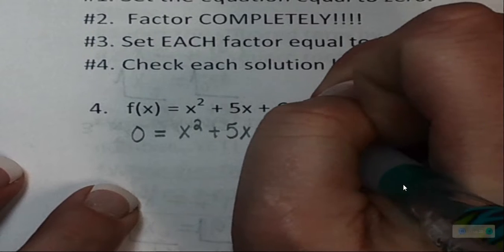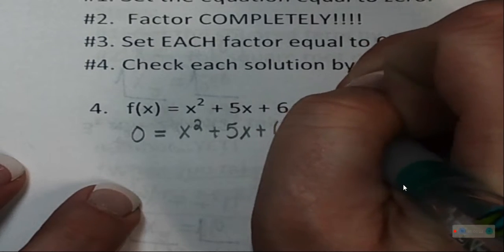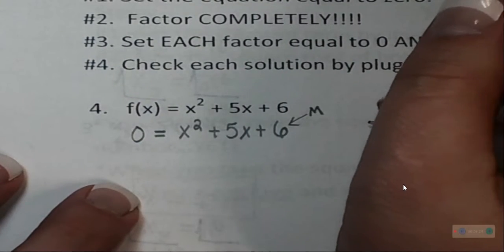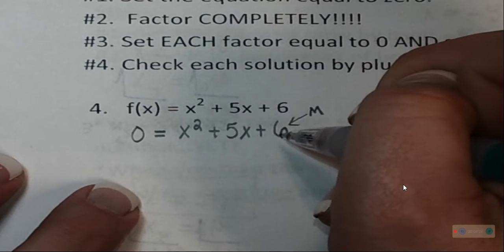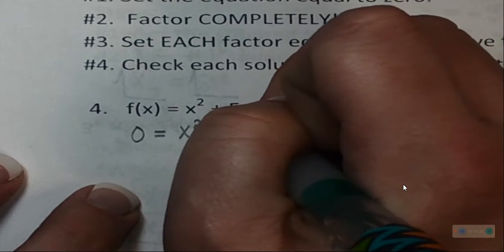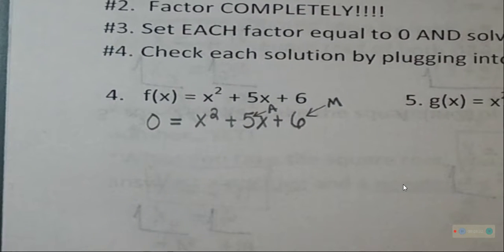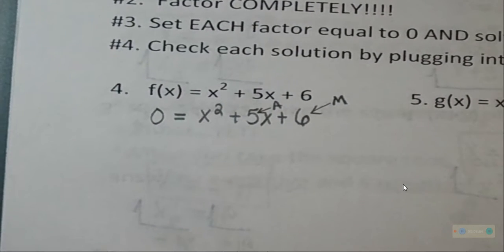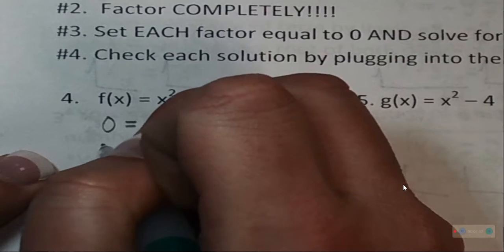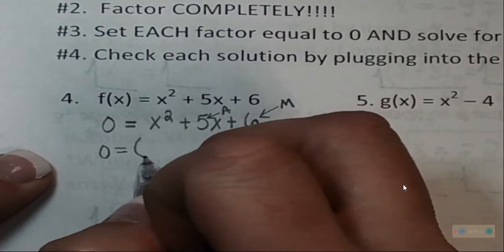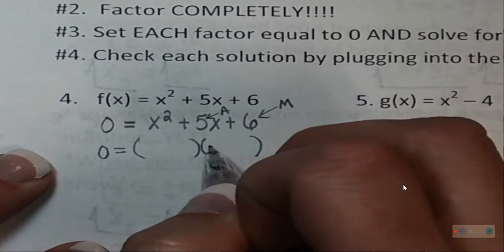So I don't slide, divide, and bottoms up. I simply ask myself, what two numbers multiply, now don't tell me the numbers yet, to get me 6 and add up to get 5. So I'm going to pretend like I don't see it immediately. I know that x squared is going to break down into x and x.